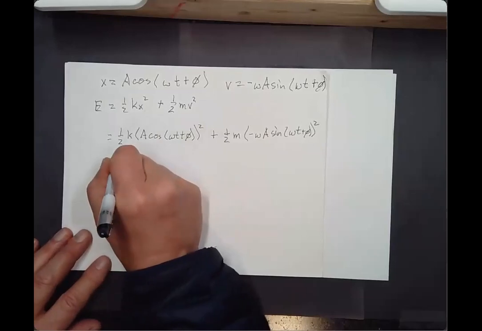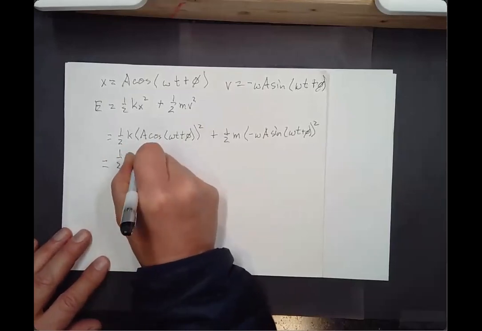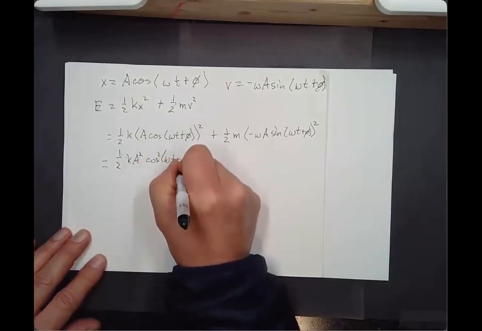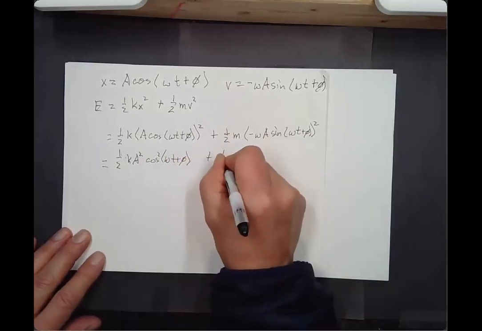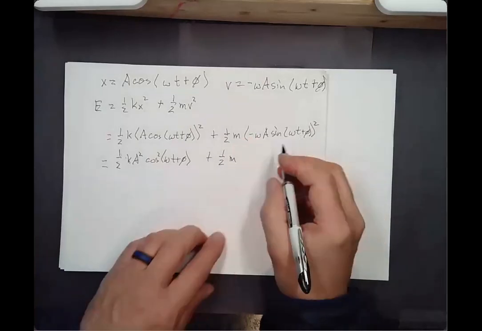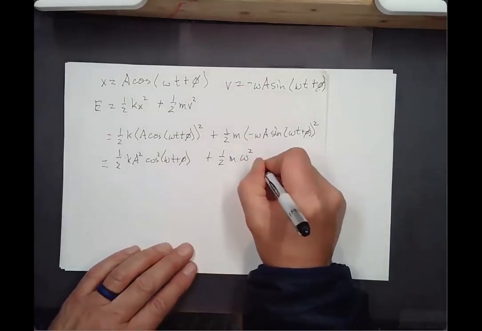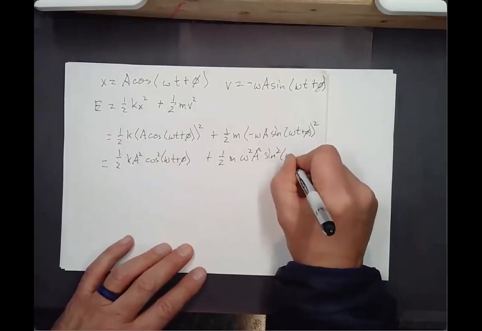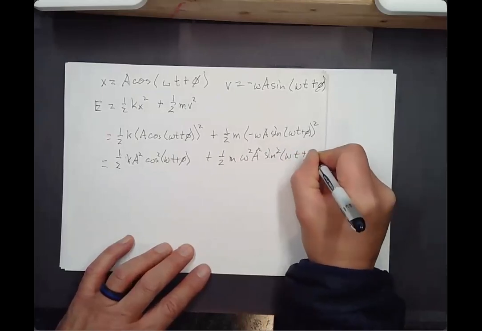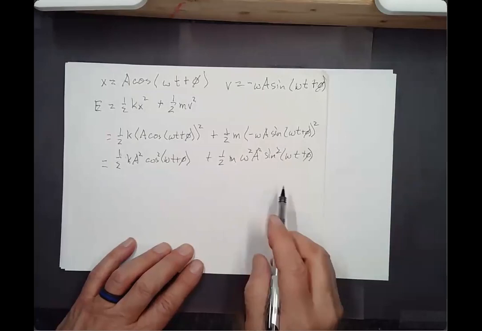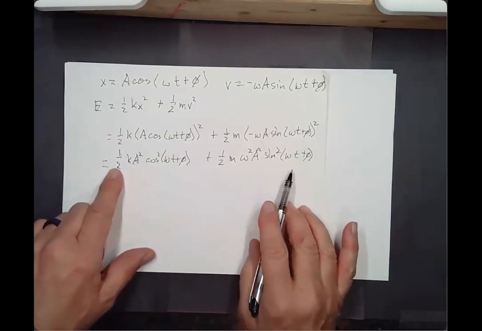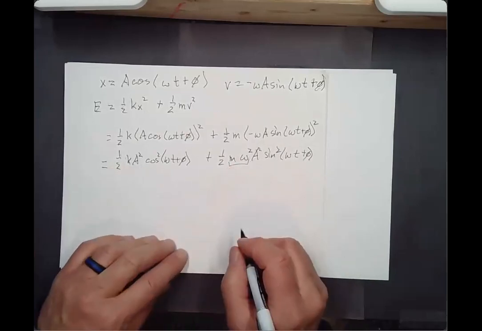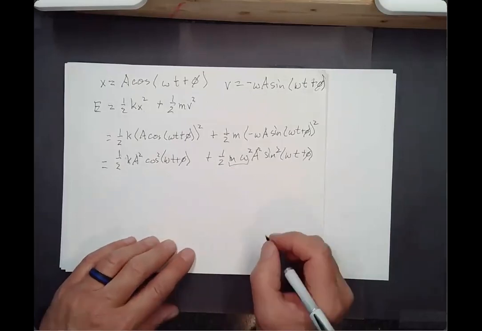Anyway, here I would get 1/2 k a squared times the cosine squared of omega t plus phi plus 1/2 m omega squared a squared sine squared of omega t plus phi. And that's it for there. Okay, I can almost simplify this thing, but first I need to do something about m omega squared. Remember what omega is?